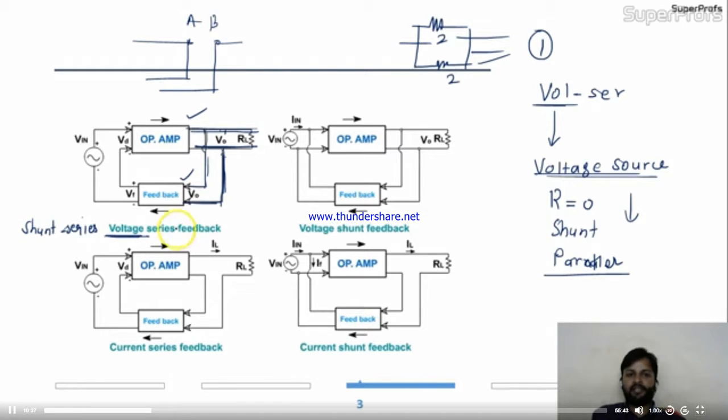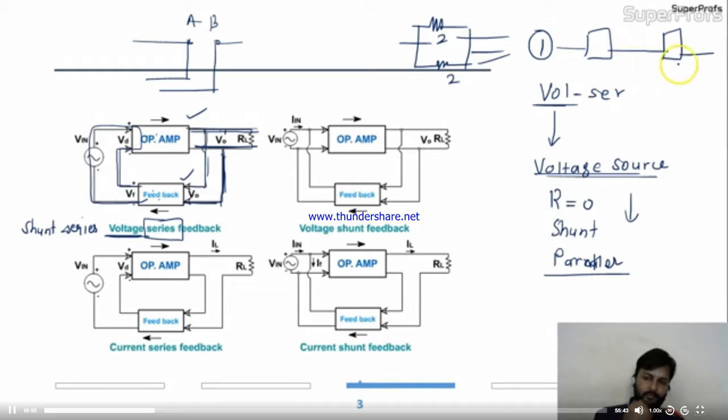Now at the input stage you need series. So you have to connect these two boxes in series. How do you connect two boxes in series? In this way. If you want to connect two boxes in series, you have to connect in this way. And if you complete the circuit, finally it will be like this.